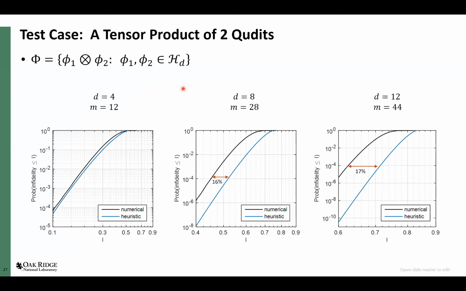A slightly more interesting case is, let's say we have two qubits, each of dimension d. And again, we compare the fuzzy volume to the true volume of states that are within a given infidelity of the states that we can make with these two qubits. And for small d, we find excellent agreement between the truth and this heuristic fuzzy volume determined by these frame potentials.